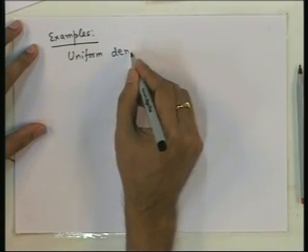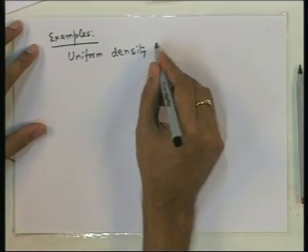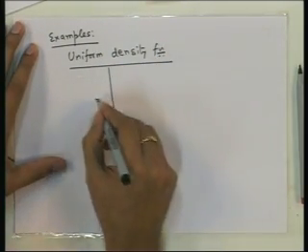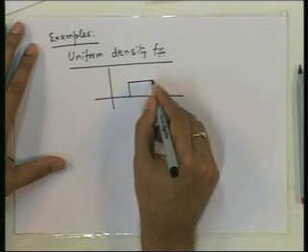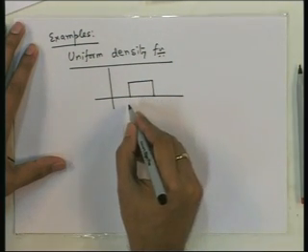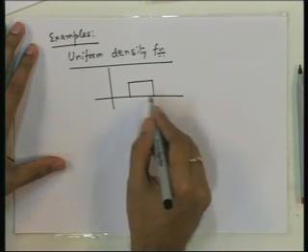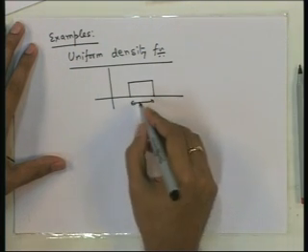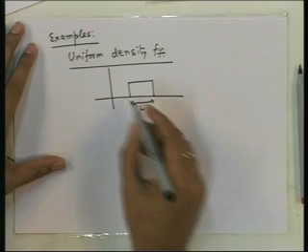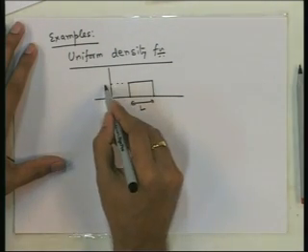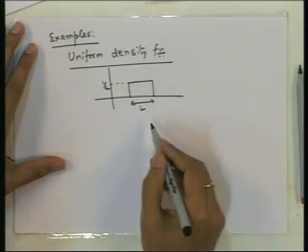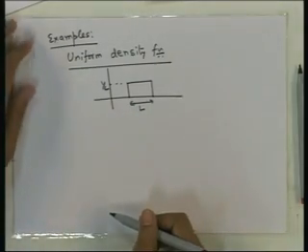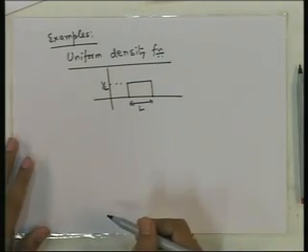Uniform density function. The density function can be like this, say it starts from somewhere and say the width is L, and then this value will be 1 by L, because the total area under this curve must be 1, the total probability is 1.